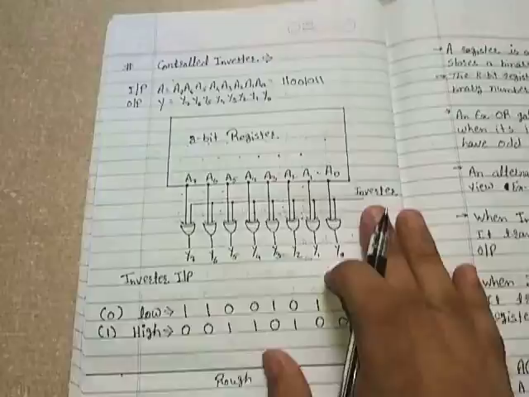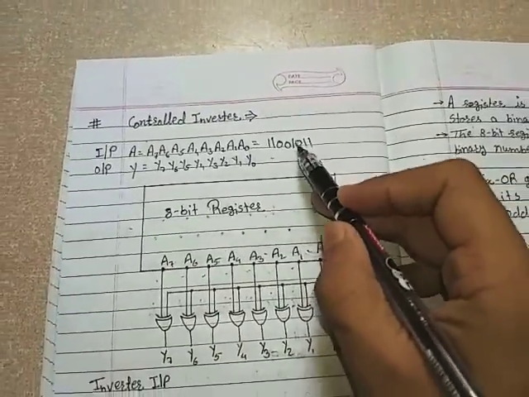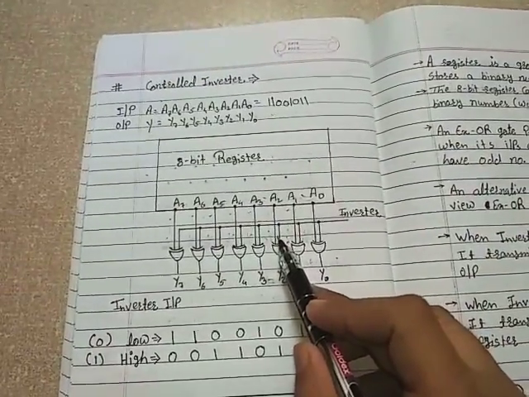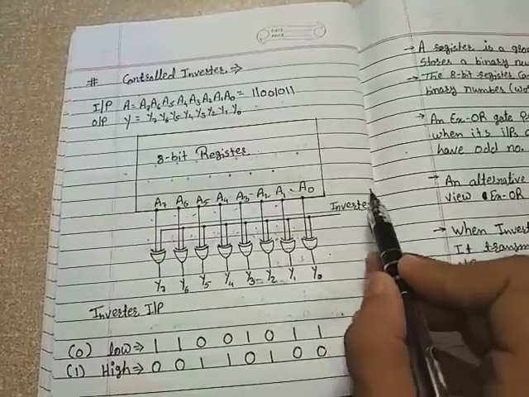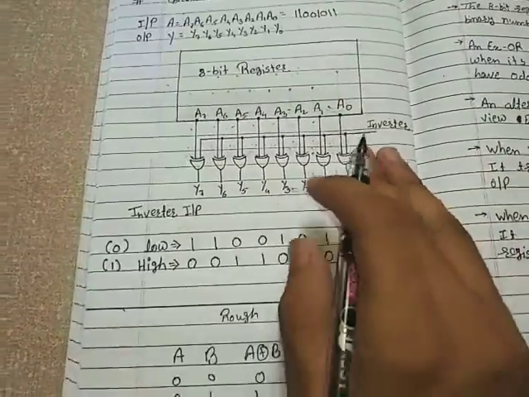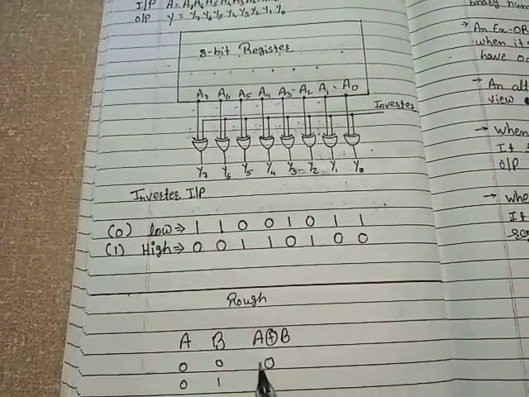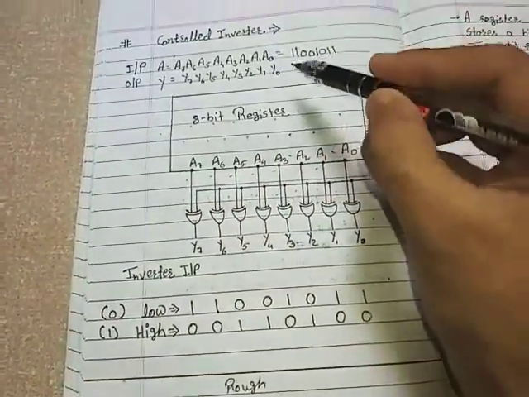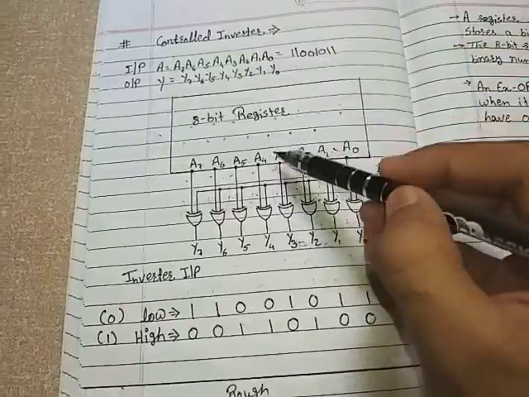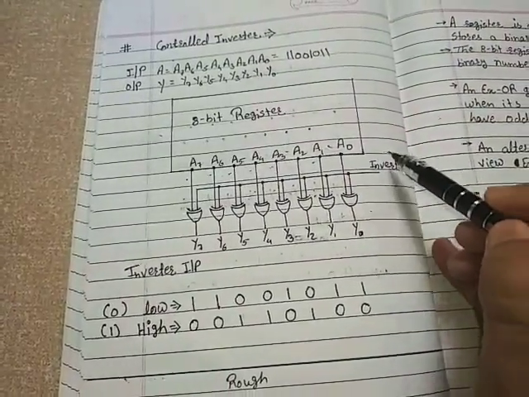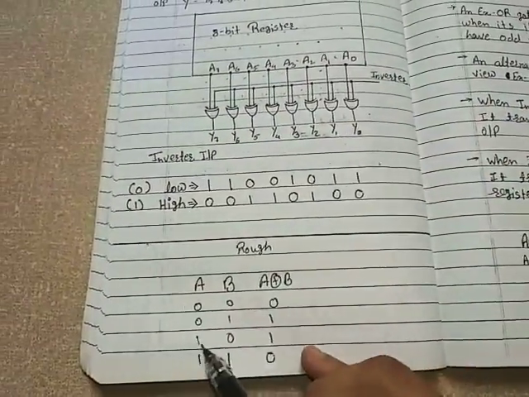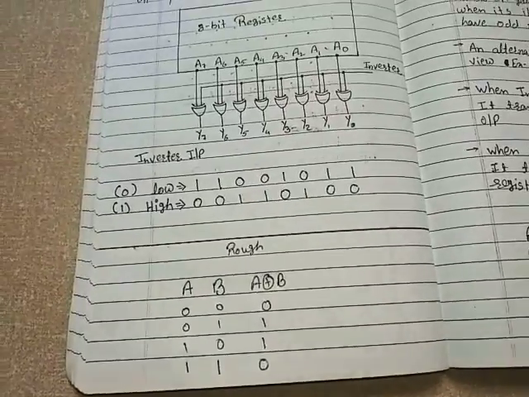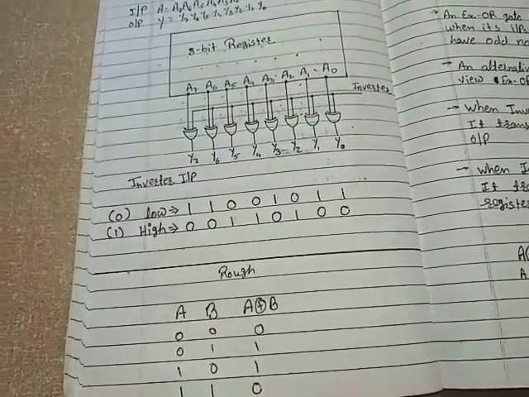Here we go. Next is 0, this is A2. The inverter is also 0, so 0 and 0 will give me output 0. Here it is, Y2 is 0. Then A3 is 1, and the inverter is 0, so 1 and 0 will give me 1. So Y3 is equal to 1.